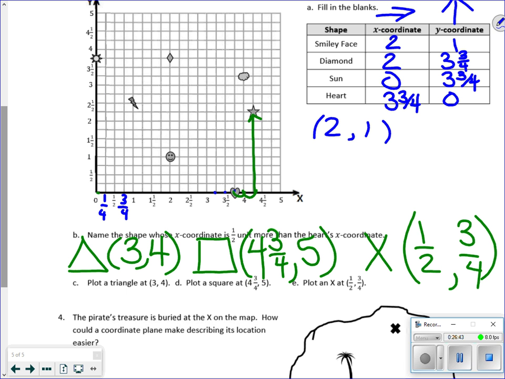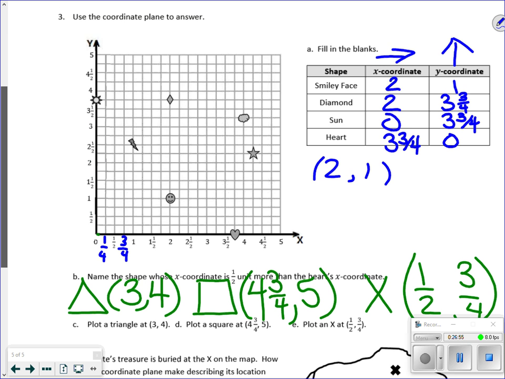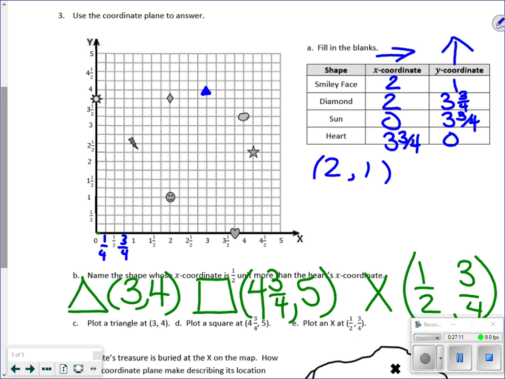So the triangle at 3 and 4: you should go over to 3, over 3 up to 4.